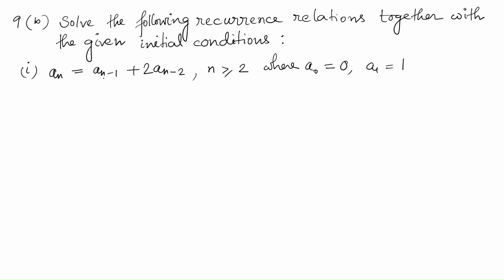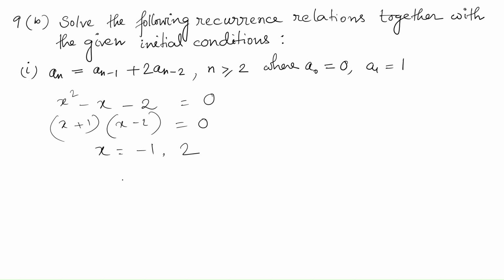This recurrence relation can be written as, say, x square minus x minus 2 equal 0. So this is x plus 1, x minus 2 equal 0. x equal minus 1, 2.